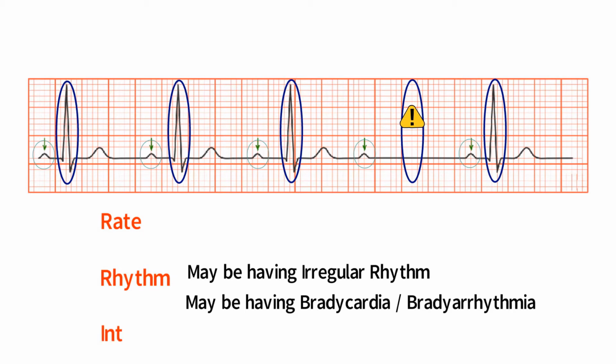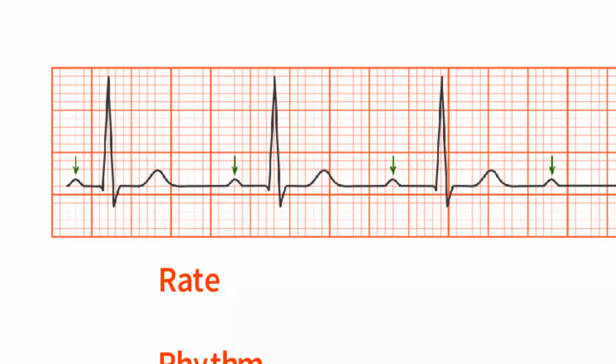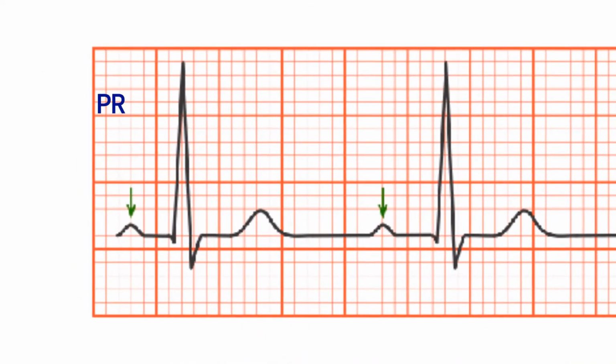Third thing, let's check intervals. So let's look at the PR interval in every wave. The PR interval in the first wave is about 1, 2, 3, 4 small boxes, which is normal. Let's look at the second wave. Check the PR. 1, 2, 3, 4, 5. That's okay too.